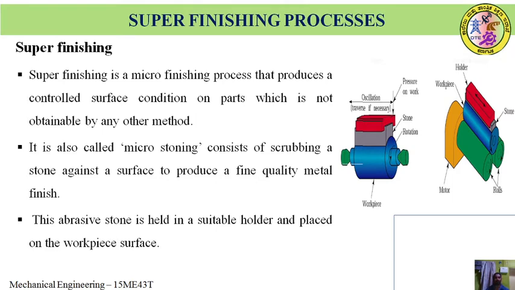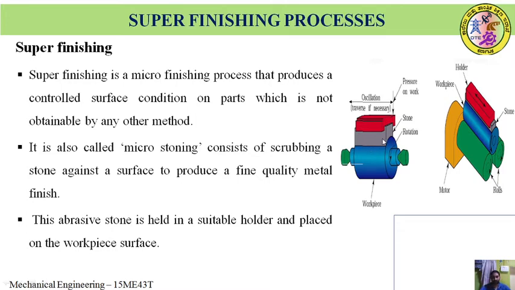The abrasive stone is held in a suitable holder and placed on the work surface. You can see here the abrasive stone held by a suitable arrangement, and this is the workpiece. The workpiece is rotated and the super finishing stone oscillates along the length of the workpiece, producing the controlled surface condition.